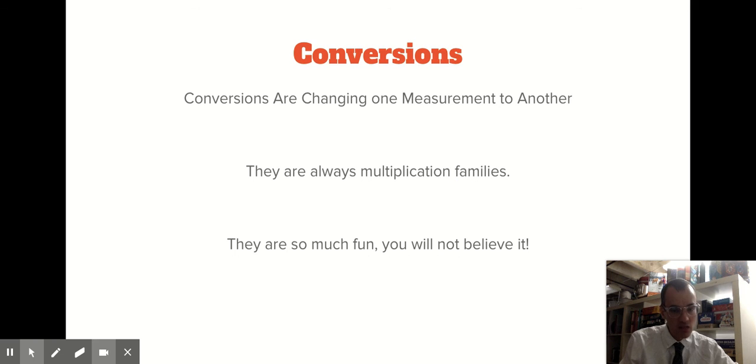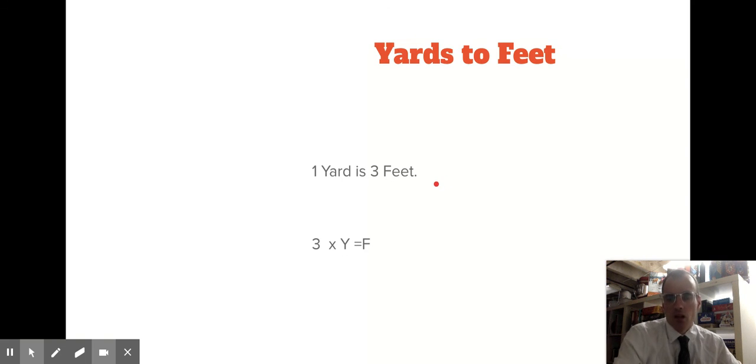Doctors probably use them. Conversions are important because you might use them. I'm not going to go so far as to say I use them all the time, but when I do use them, I think back to my 5th, 6th, 7th grade teachers and think, man, I'm really glad they taught me about those conversions. And then I say, good luck to you. I miss you guys.